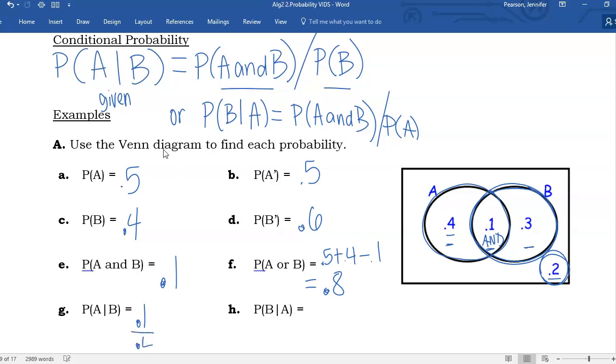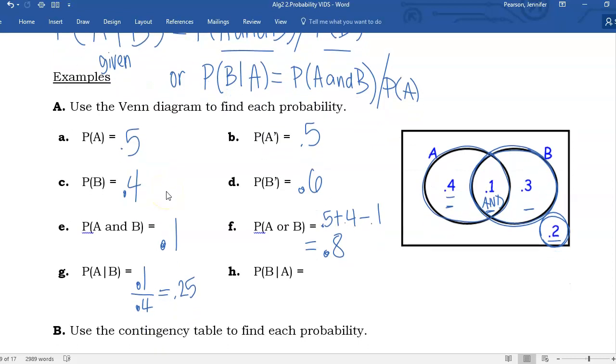And 0.1 divided by 0.4 is 0.25. If you look at the Venn diagram, we're looking at just the B circle. That's the 0.4 in the denominator, and the portion of that circle also in A is just the 0.1 right here. So 0.1 out of 0.4 is the probability of A, given that you're in the B circle.